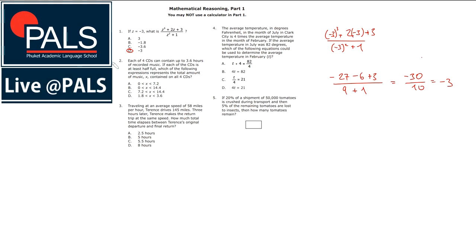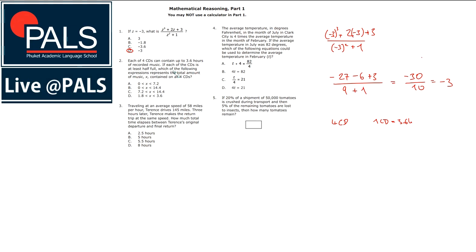The second question: each of 4 CDs can contain up to 3.6 hours of recorded music. So 1 CD equals 3.6 hours of music.